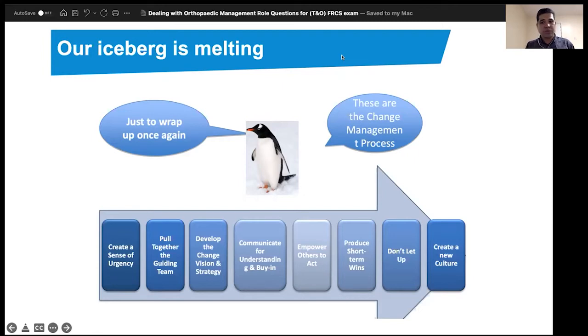What are we going to do? So that is the steps. Create a sense of urgency, then guide together, meet together, put a plan, apply that plan, get short-term wins, and then we'll create a new culture.